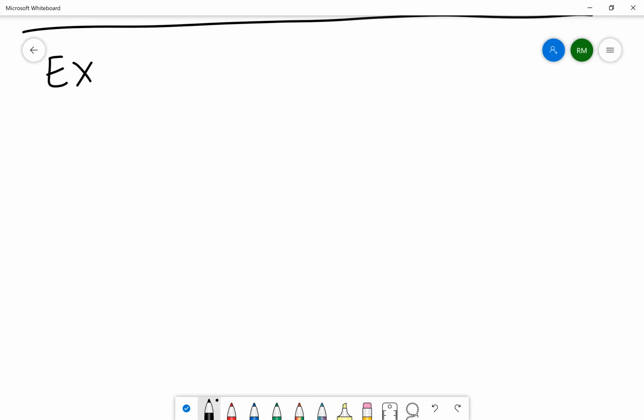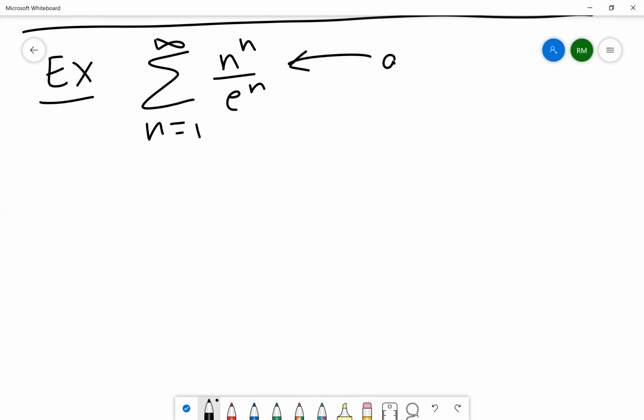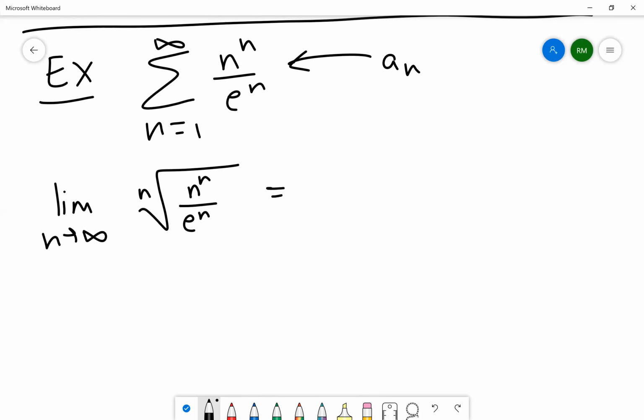And let's look at the series from 1 to infinity of n to the n over e to the n. So this is our a sub n term, and we take the limit as n goes to infinity of the nth root of n to the n over e to the n. Well, I think we all know what that limit's equal to.